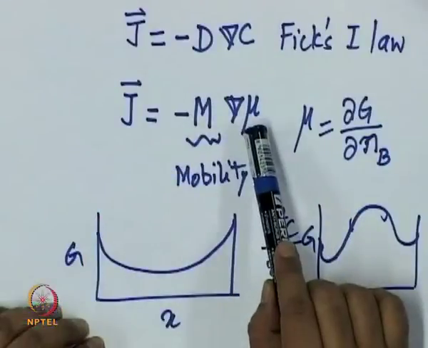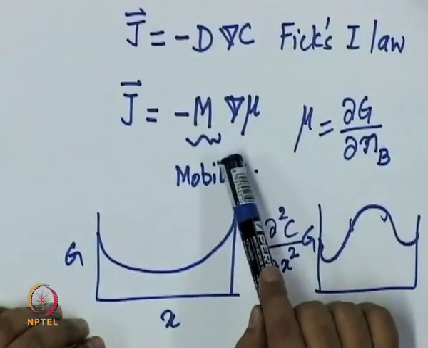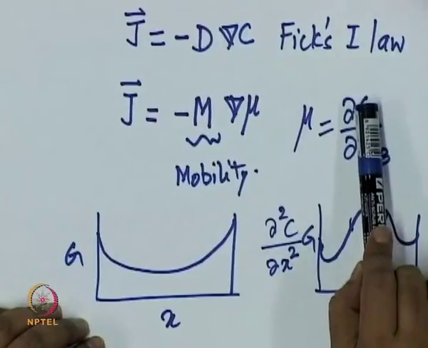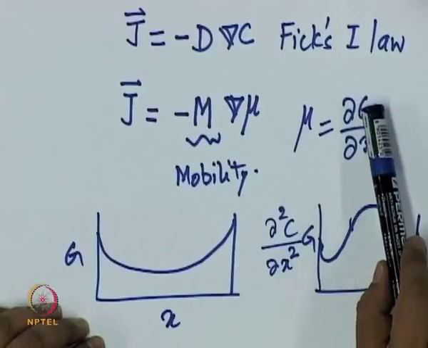You can go back and write the flux as proportional to the chemical potential gradient, and you know that the chemical potential gradient is dou G by dou N B. You know the regular solution free energy.